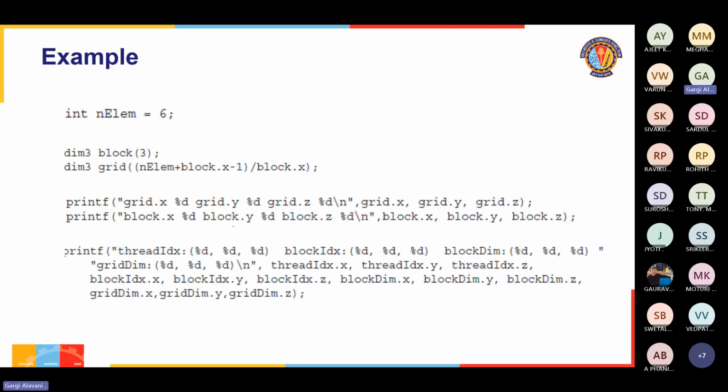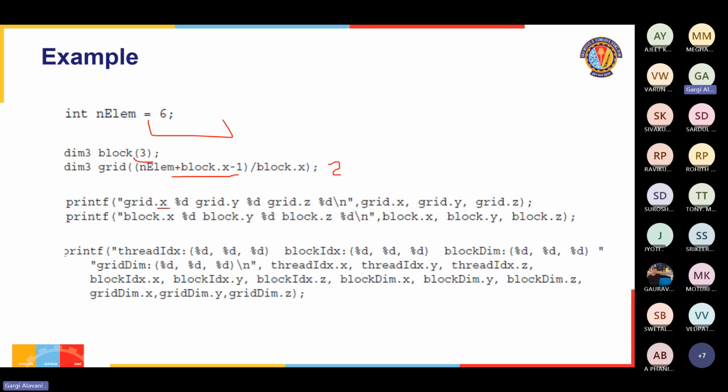Okay, so let us see an example. If it is still not clear, this example should make things clear. We have the number of elements as 6. The block size is 3. Here we divide 6 by 3, which gives us a grid size of 2. So there are 2 blocks of 3 threads each.